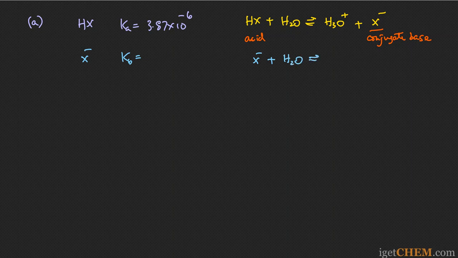So as a base, X minus will abstract a proton from water molecules, turning them into OH minus and itself becoming HX.